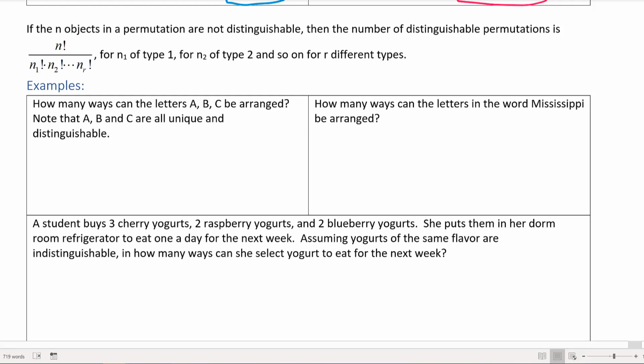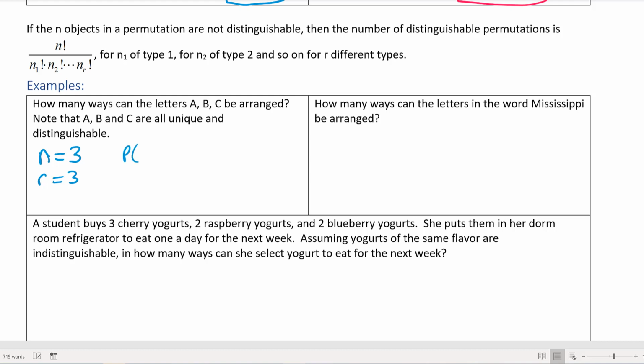The first one, how many ways can the letters A, B, and C be arranged? Now, note that A, B, and C are all different and unique and distinguishable. I can tell that an A is different from a B, which is different from a C. So this does not classify as a permutation of items that are not distinguishable. This is just a normal permutation. So I have 3 items, A, B, and C, and I'm choosing all 3 of them.